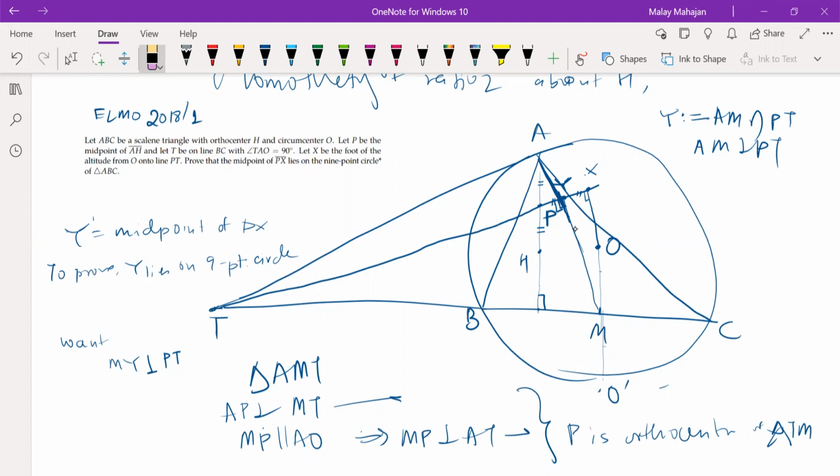In other words, the reflection of P over Y is X.